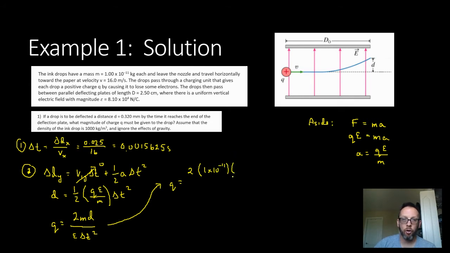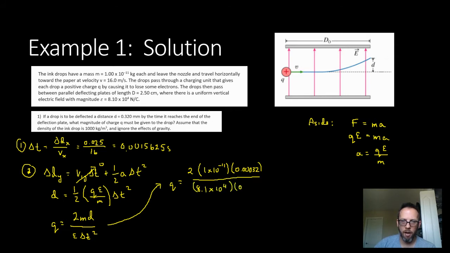The vertical deflection, we were told, was 0.32 millimeters. So 0.00032 in meters. And the electric field strength, 8.1 times 10 to the 4.